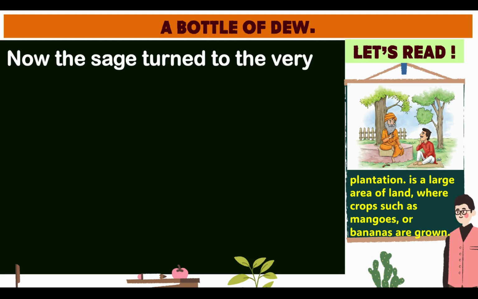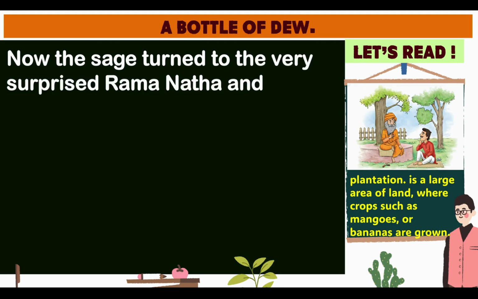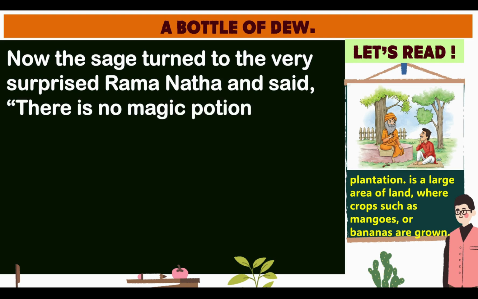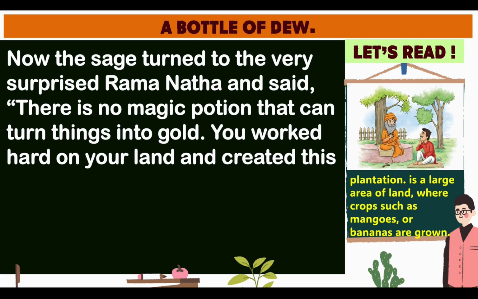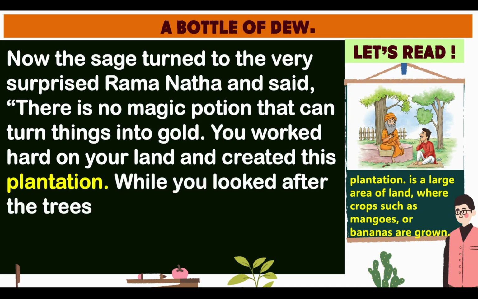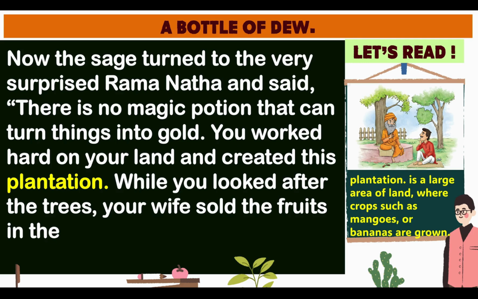Now the sage turned to the very surprised Ramanatha and said, "There is no magic potion that can turn things into gold. You worked hard on your land and created this plantation. While you looked after the trees, your wife sold the fruits in the market.